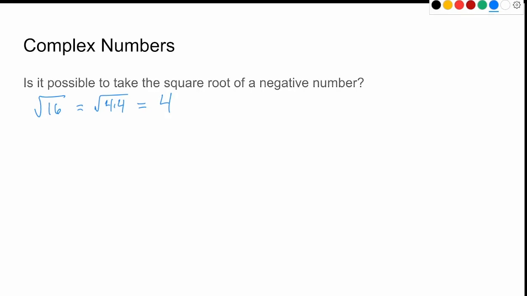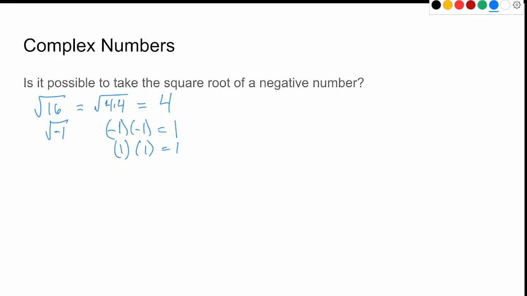So the question comes up, is there any number that when you multiply by itself gives you a negative 1? Well, let's try. How about negative 1 times negative 1? Well, no, that's positive 1. Same thing, positive 1 times positive 1 gives us positive 1. There's no way to multiply a number by itself to get a negative 1, let alone negative anything, right?